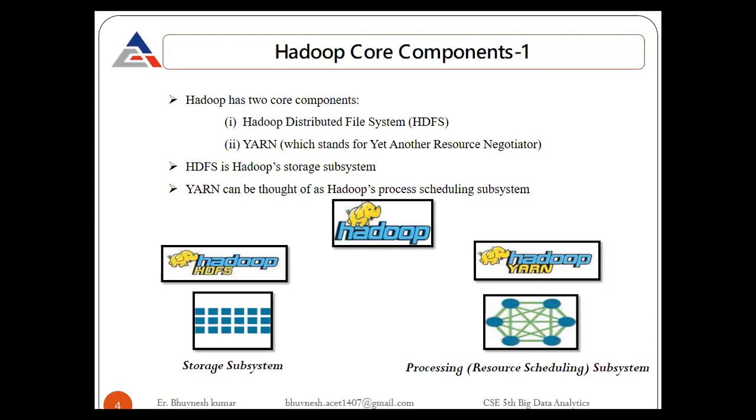YARN can be thought of as the Hadoop process scheduling subsystem. These are your main core components. YARN is used for process scheduling.